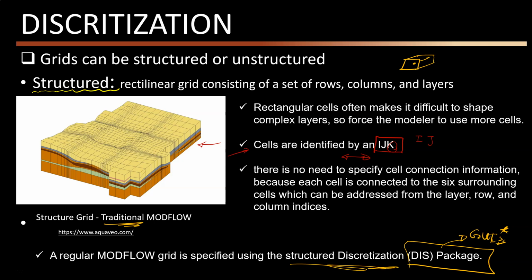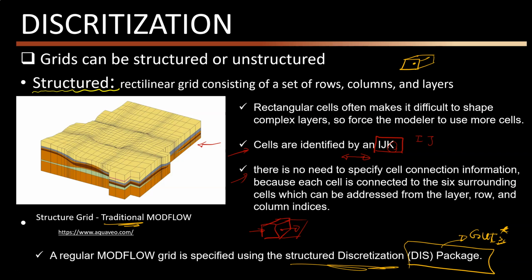The other advantage is that to calculate the flow rate at each face of these cells, technically you need to know how the system is connected to the neighbor cell.